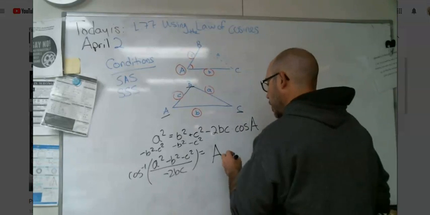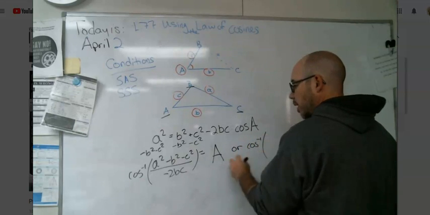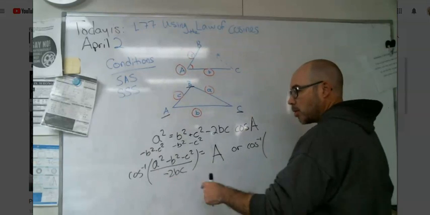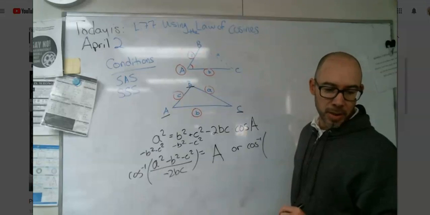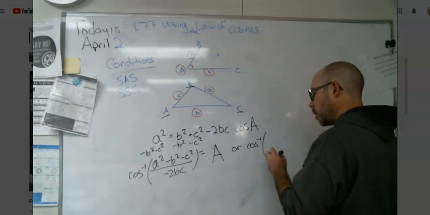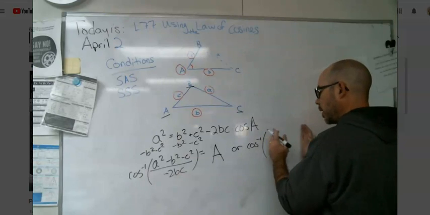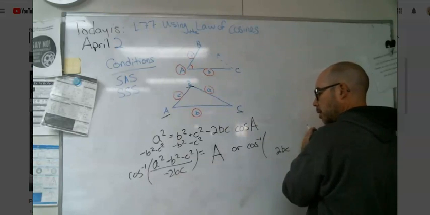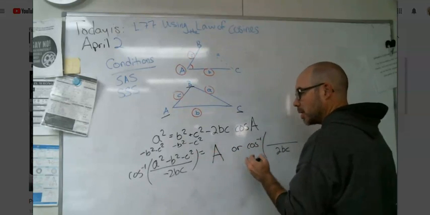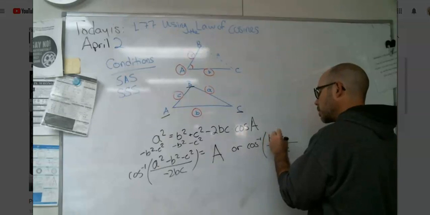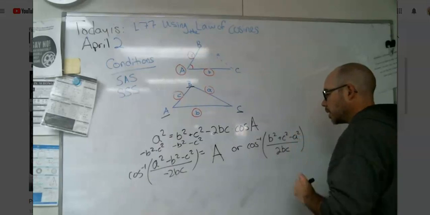Now, another way to write this would be like this. I don't usually like to write the negatives in the bottom, so we're going to switch the signs and then rearrange the parts. If I pull that negative out and run it through the top, this is what I'll get: negative a squared plus b squared plus c squared, or maybe better, b squared plus c squared minus a squared.